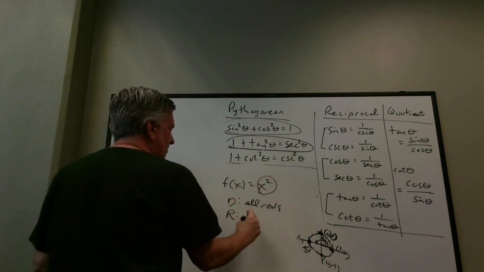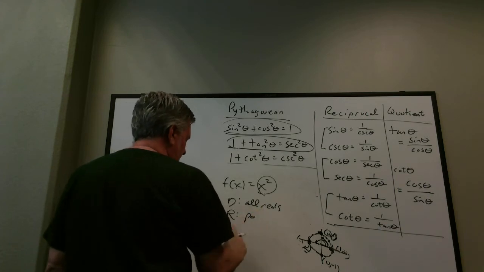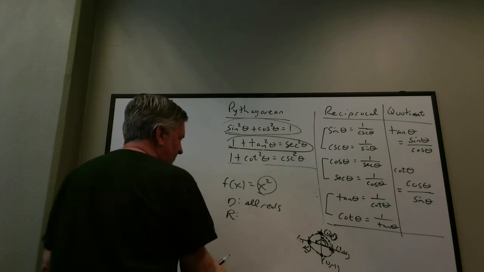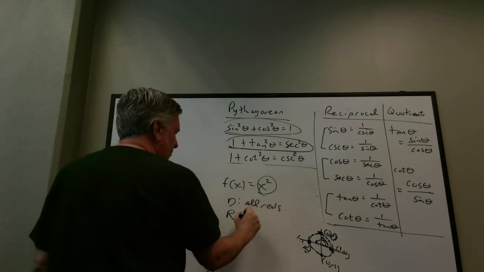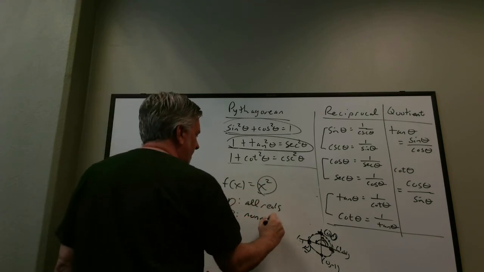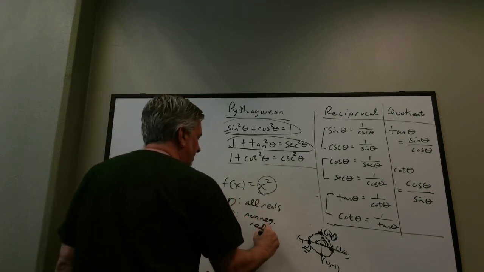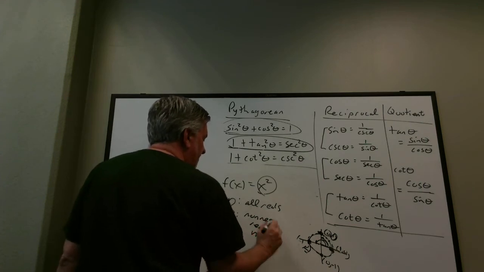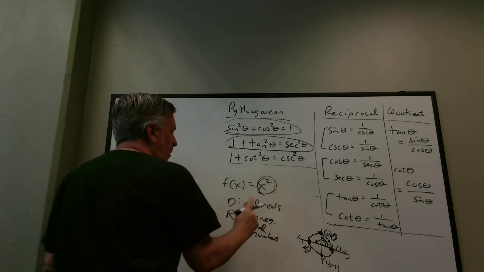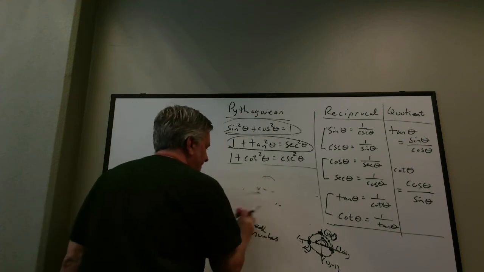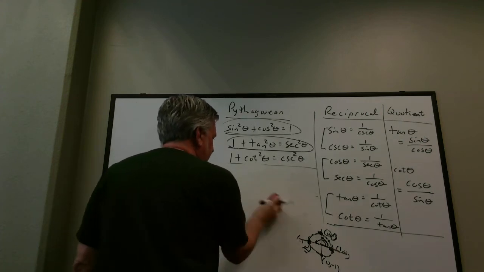So the domain here is all reals, because you can plug in anything and get an answer, but the range is all the, I was going to say positive, which isn't true. When you plug in 0, you get 0, so it's the non-negative real numbers. So range is all the y values you can get. Now let's talk about the trig functions.